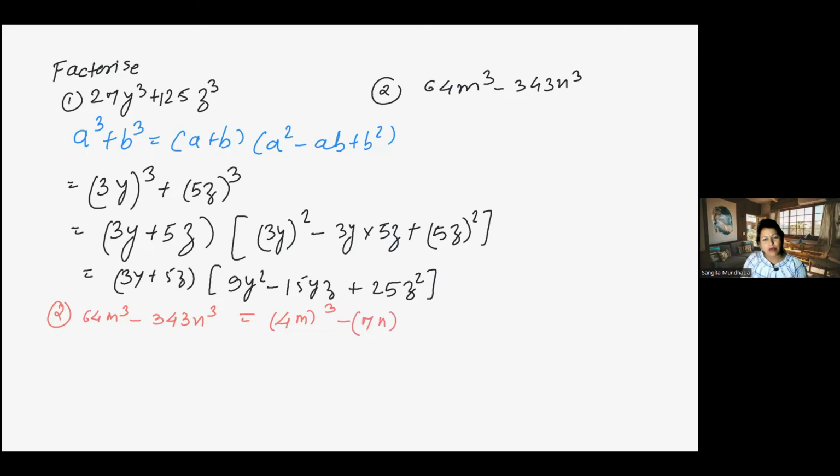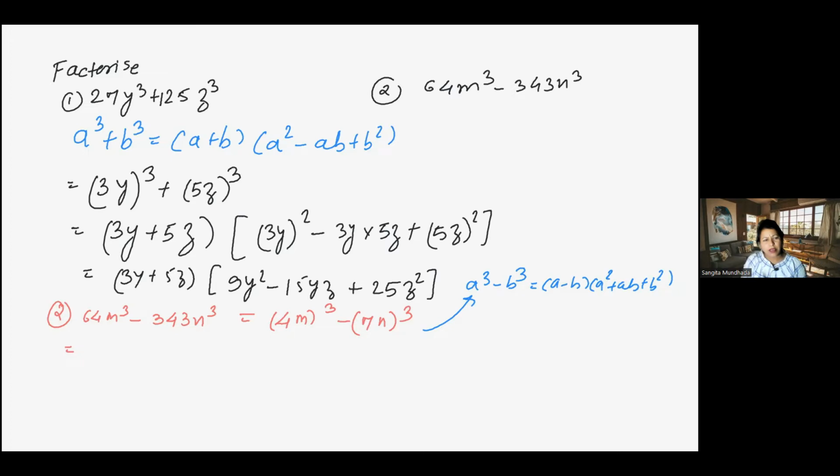7n cube. Now here using the identity a cube minus b cube is equal to first bracket a minus b, second bracket a square plus ab plus b square. So using this identity we will get, 64 means 4m cube.